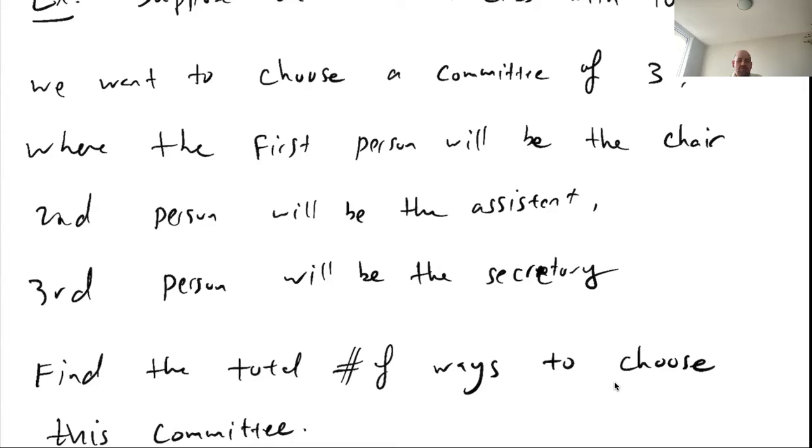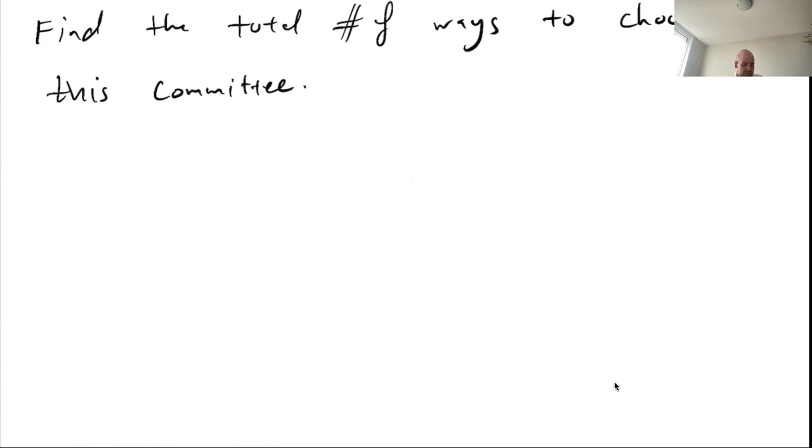But choosing student 1, 2, 3 is different than choosing 3, 2, 1, or 3, 1, 2. In all these cases, students 1, 2, and 3 are chosen, but their order is different.